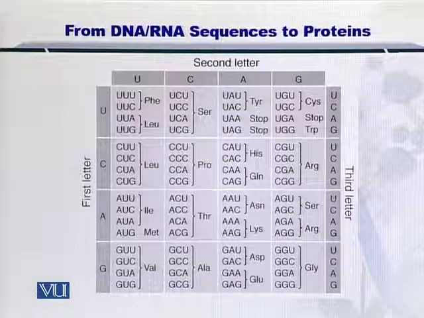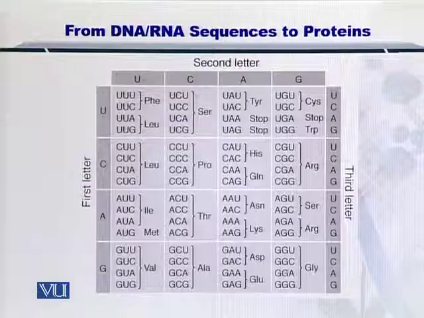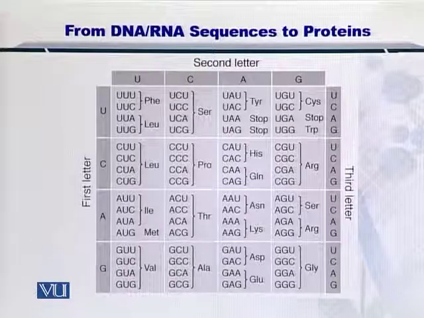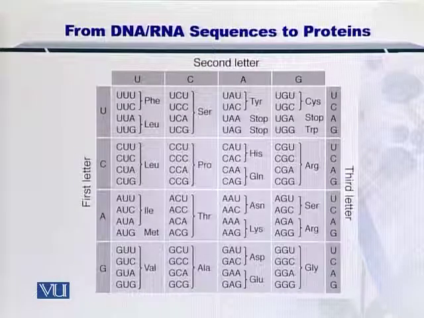Okay, so how do these amino acids get encoded from the DNA? As a first step, if you have a DNA sequence, then you replace all T's with a U. Hence, you arrive at the RNA sequence.